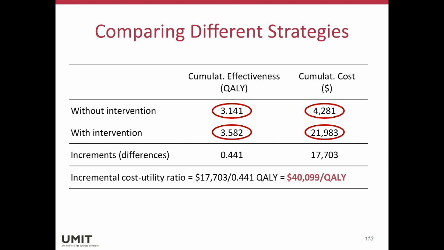What does it mean? What does it tell us? Is it cost effective? Depends. Very good answer. Depends on what? It depends on the threshold that we would assume, and the threshold could be determined by the willingness to pay.